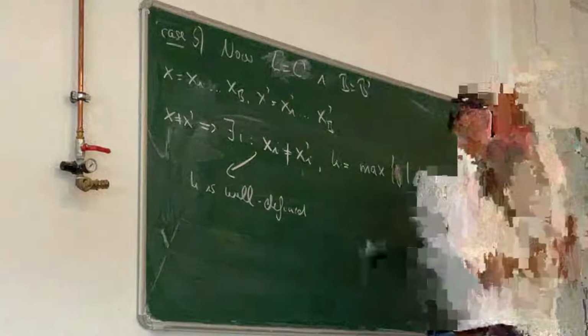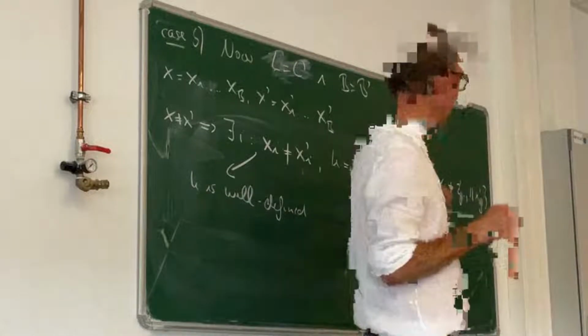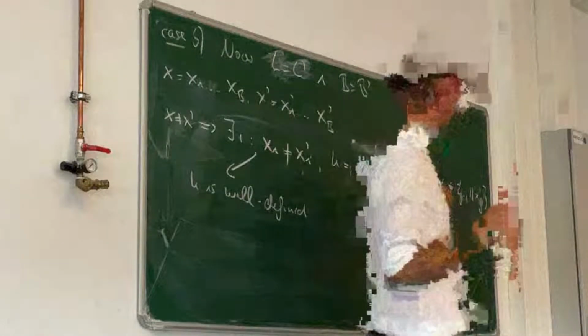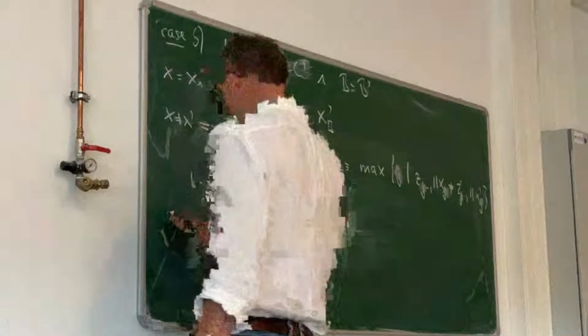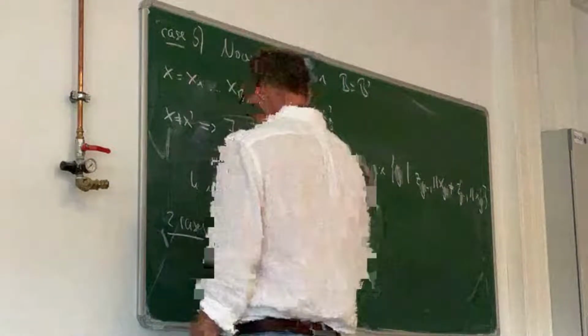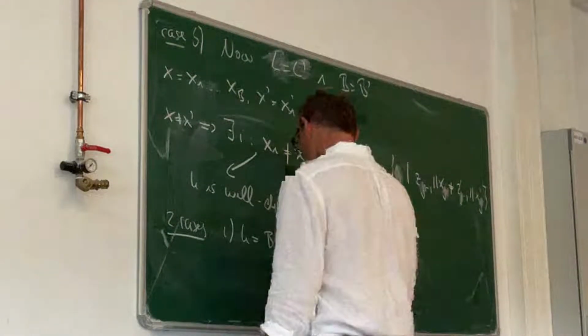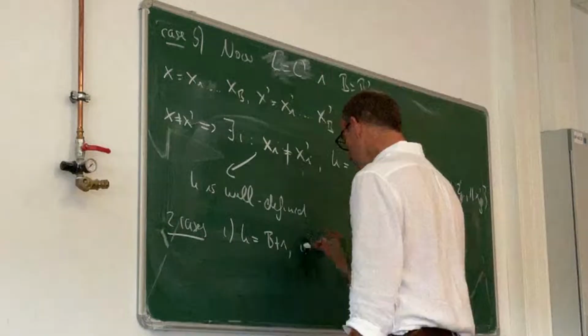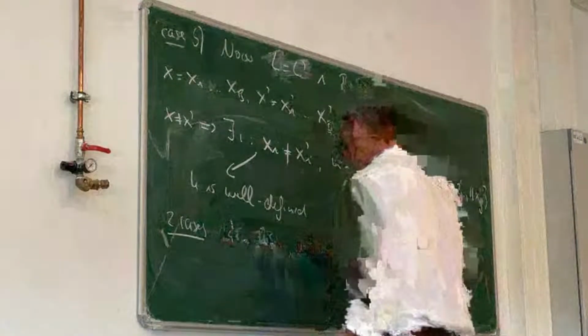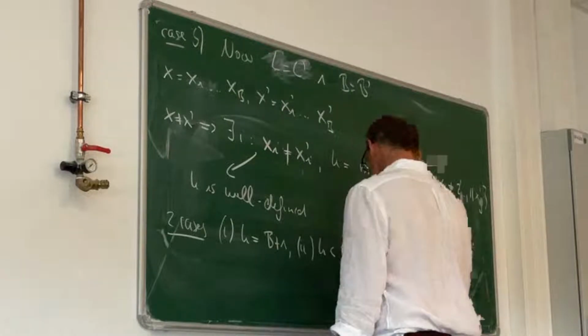The difference in these concatenated blocks could also be due to the difference in the first part. That's why we do yet another case distinction. Again, two cases: the first case is that k is equal to b plus 1, and the second case is k is strictly less than b plus 1.